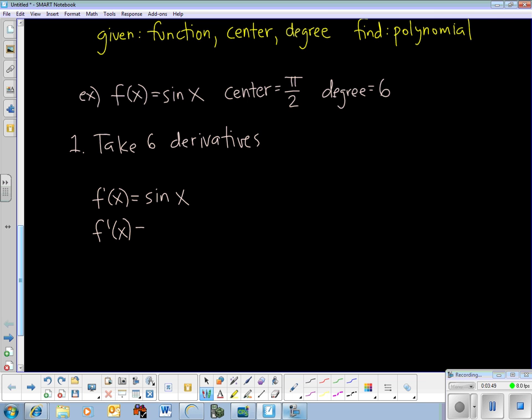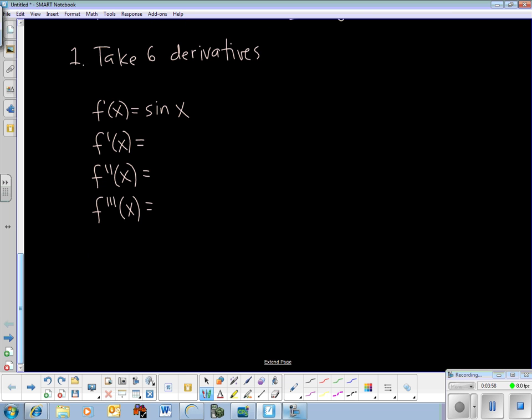F prime, F double prime, all the way up to the 6th. Just get it set up, and then we'll start taking them.